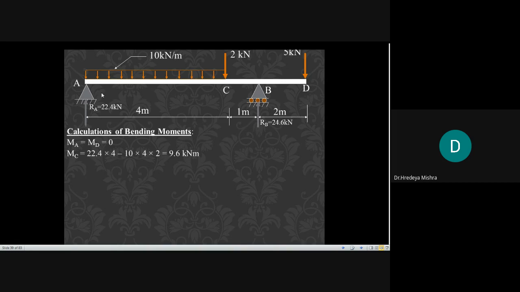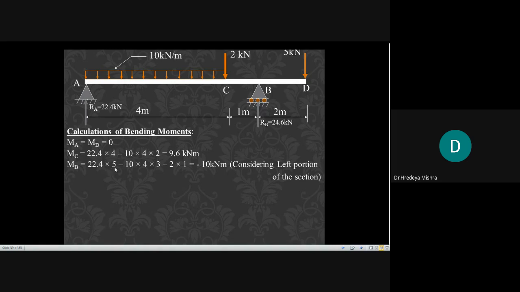Or we can go through the left hand side, which is shown here: 22.4 into 4, this distance, and 10 into 4 into 2 here, and 2 into 1, 9.6 kilonewton at B point.